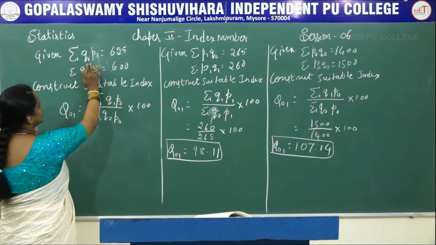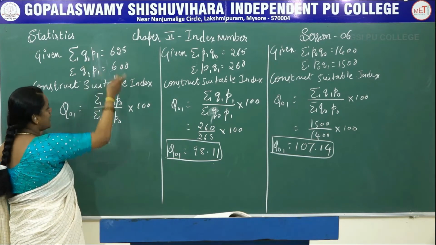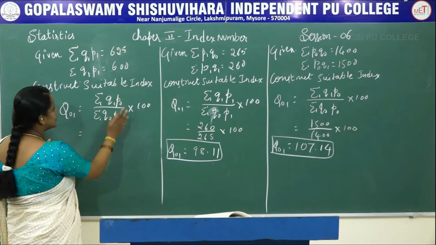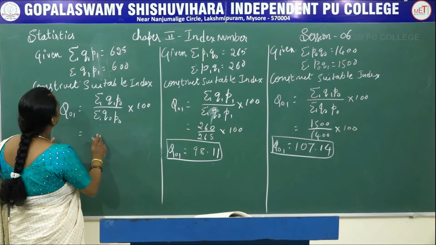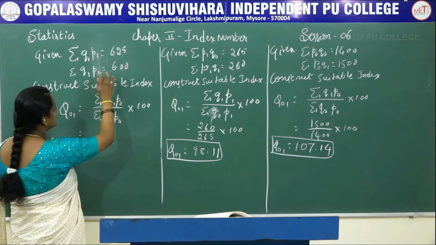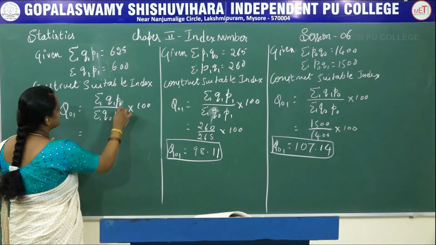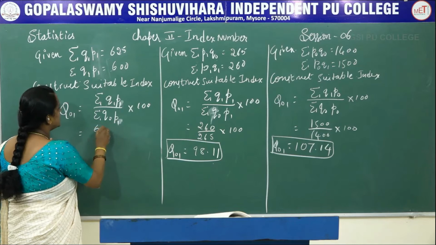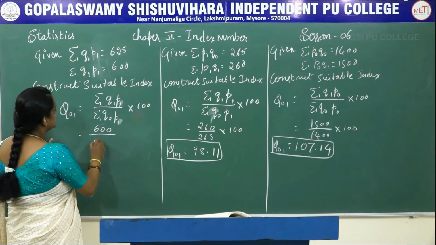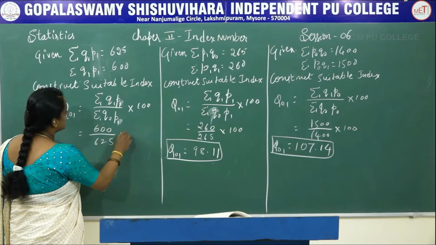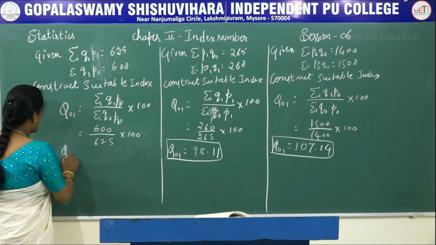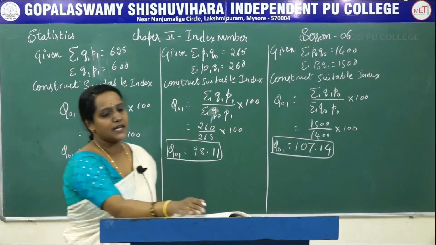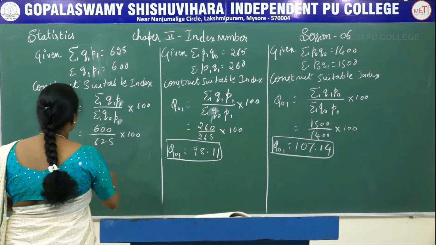Again, they have given in the same format QP. I'll just substitute the values in the formula. Q1 P1 is 600, Q0 P1 is 625 into 100, and our quantity index Q01 is 96.